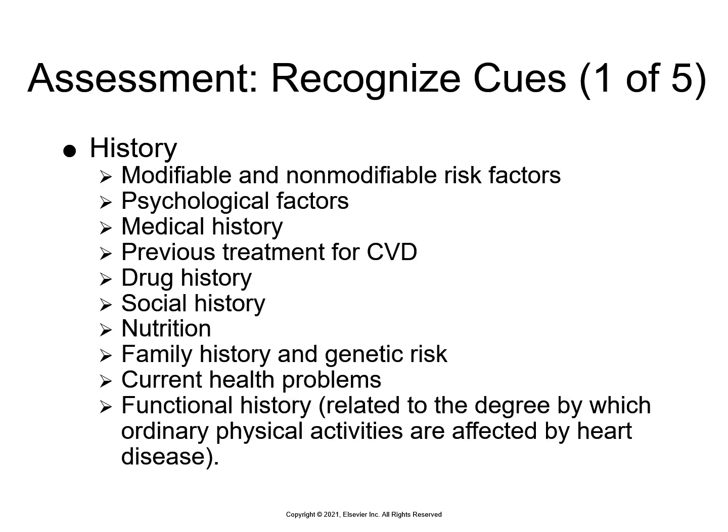Okay, these are cues that you would want to recognize. You have a lot of modifiable and non-modifiable risk factors. Obviously, those modifiable risk factors would include smoking, physical inactivity, diet, obesity.